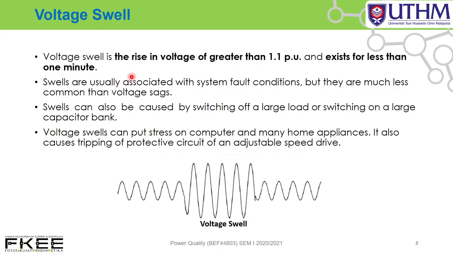This voltage swell is usually associated with system fault conditions, but it is much less common than voltage sag. Normally we have problems with voltage sag. Voltage swell can also be caused by switching off, sometimes suddenly switching off a large load, or switching on a large capacitor bank.